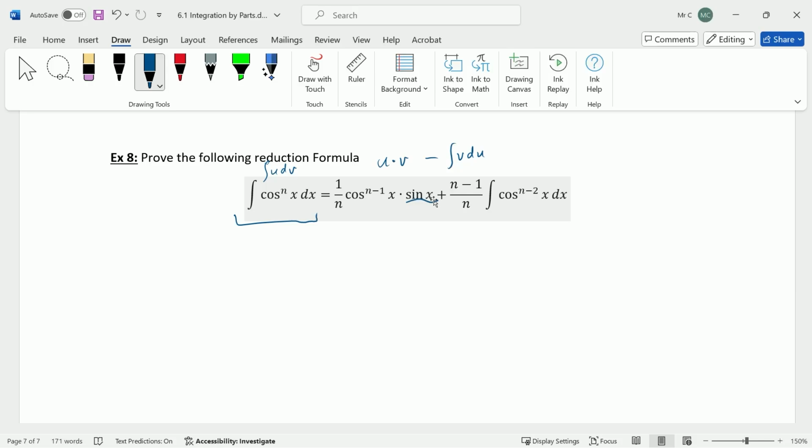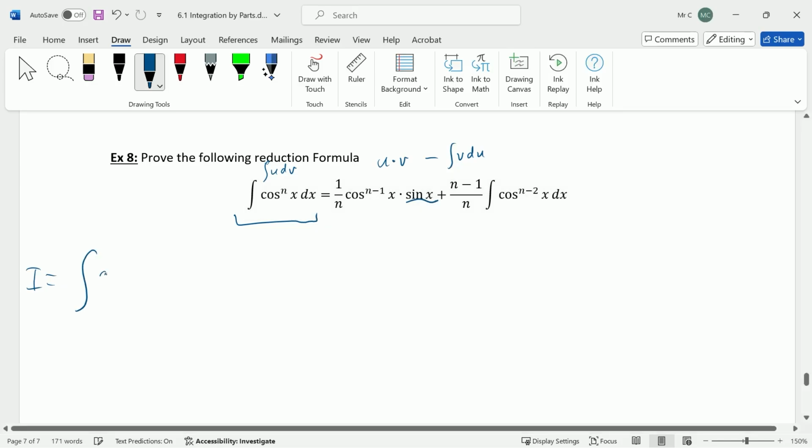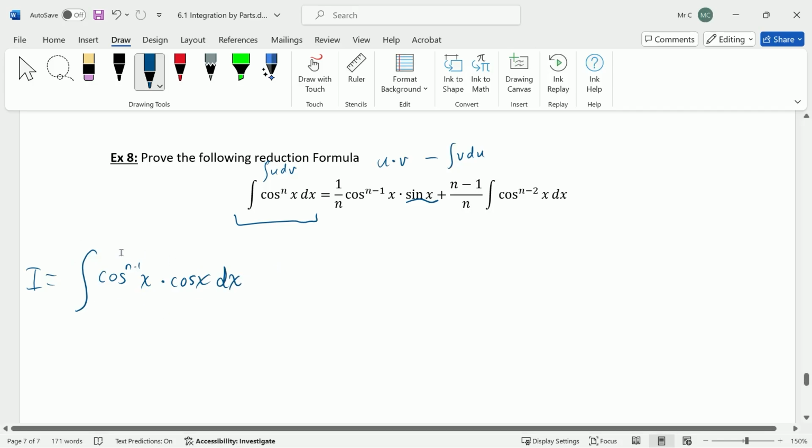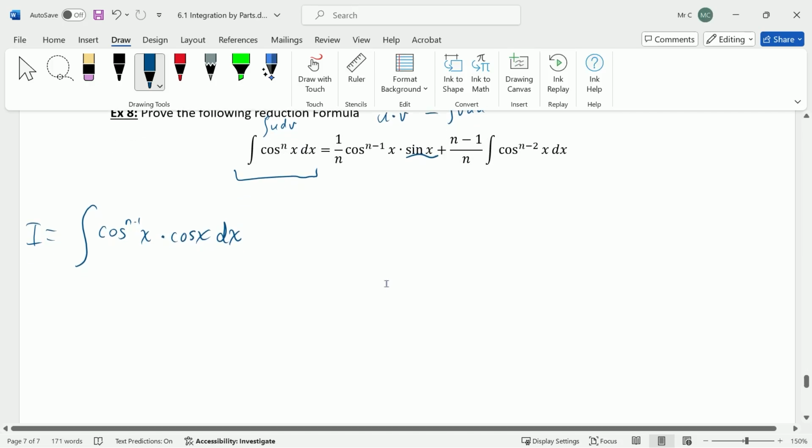And so that's sort of my hint. That's how I figure out that, hey, if I just start by rewriting my integral as cosine to the n minus 1 power of x times cosine of x, I'll be able to apply integration by parts to this. And look, the antiderivative of cosine of x is sine of x.